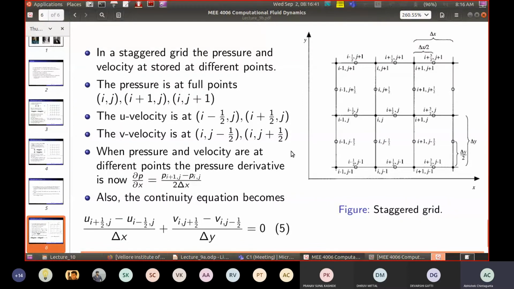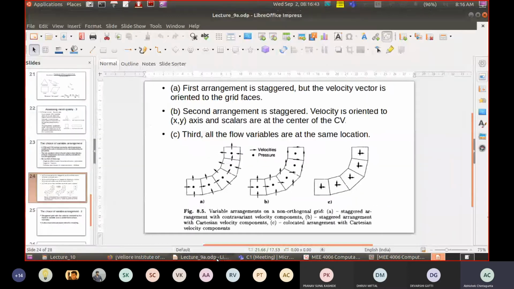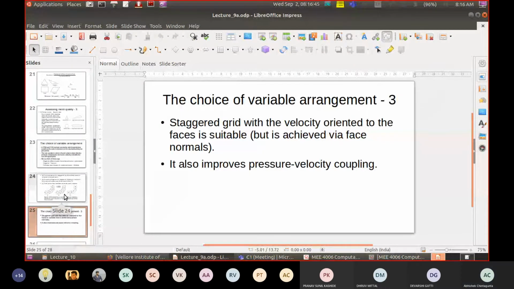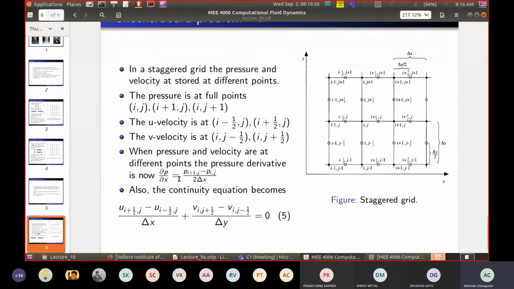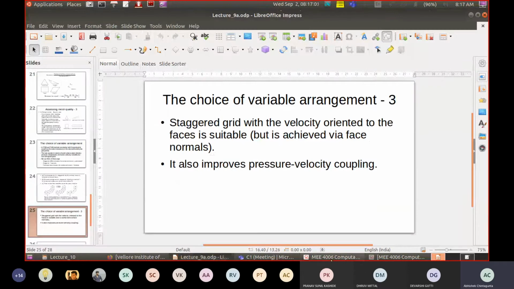Okay, so obviously for a staggered grid, we have already seen that it's going to improve the pressure velocity coupling. Like in this case, we have seen that if you have zero gradient for pressure and zero gradient for velocity, there are no changes. But if you keep your pressure and velocity on a staggered grid, you're going to get good pressure and velocity coupling. Okay.